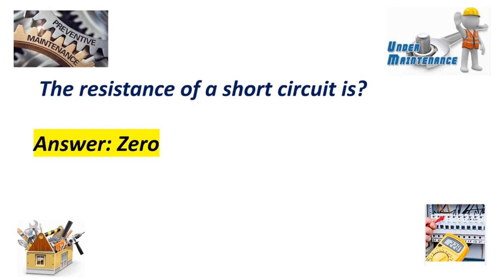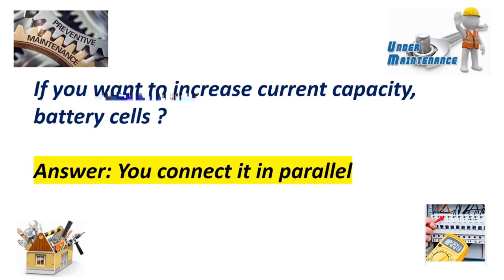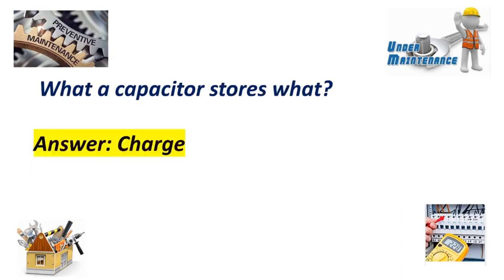The resistance of a short circuit is 0. If you want to increase current capacity in a battery cell, you connect it in parallel. A capacitor stores charge.